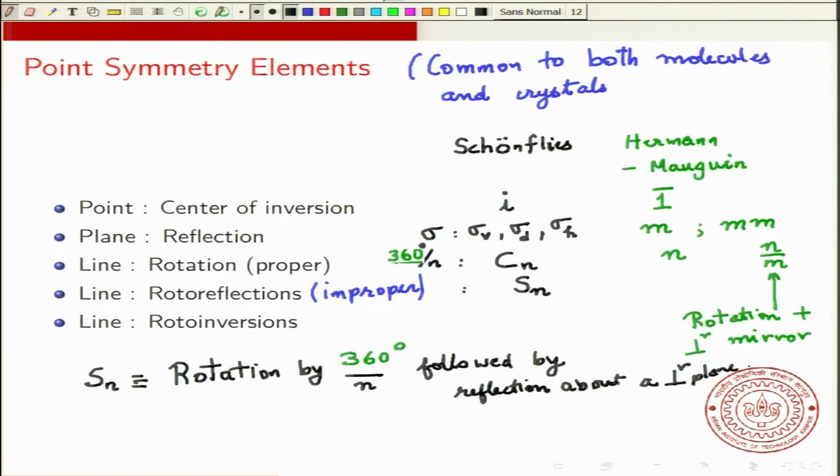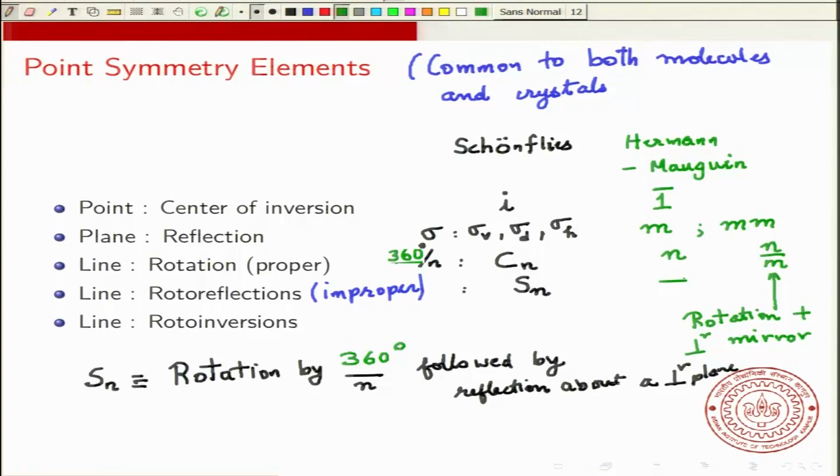Okay. So Sn refers to this particular symmetry operation, and what should be noted is that an Sn axis is relevant when the individual operation of rotation or reflection is not a symmetry operation, but Sn is a symmetry operation. So that is the interesting case. Now Sn in Hermann-Mauguin notation we don't really use.